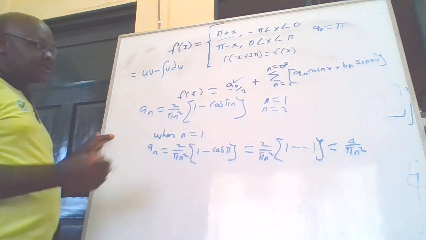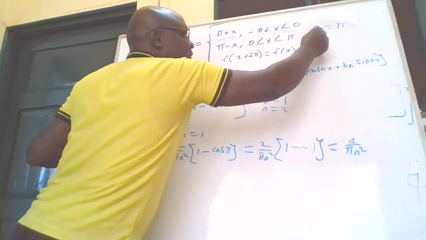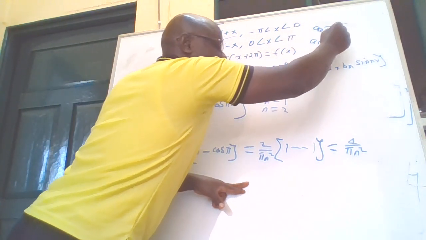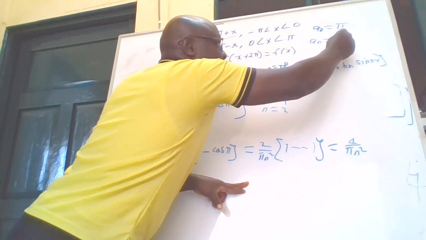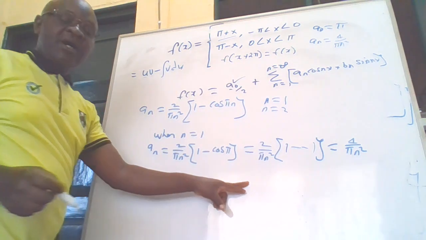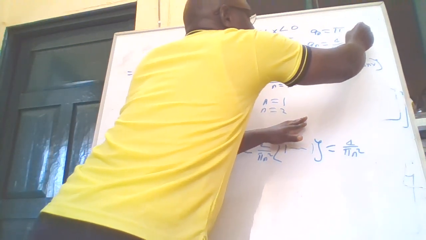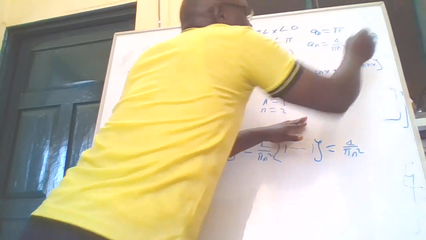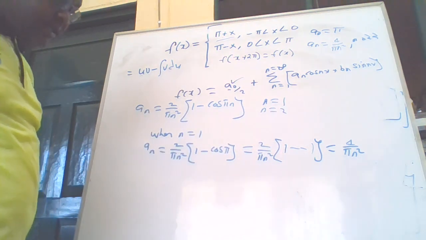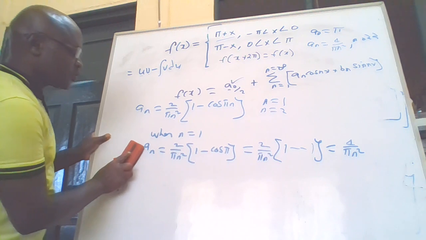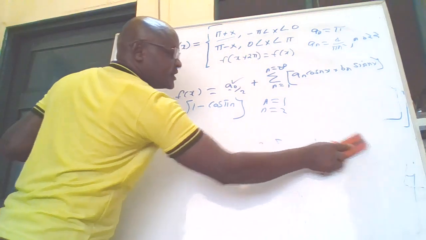So we are saying that our an equals to 4 over pi n squared when n is odd. Now we want to consider when n is even.